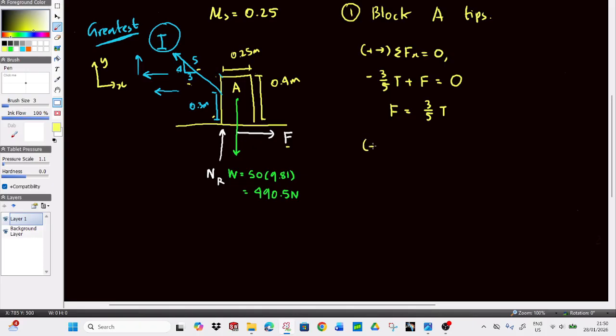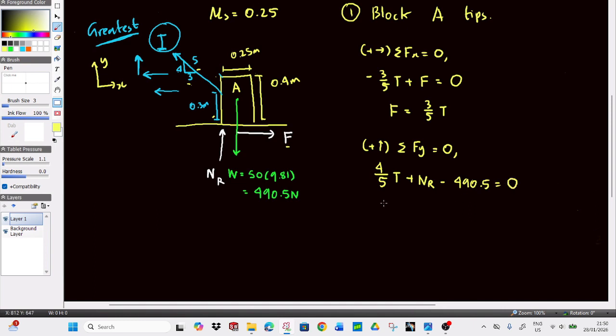Now for the summation of Fy, we have a bit of an interesting tale here. Because our tension T has a vertical component, so we do have to consider that. So it would be 4 over 5 T, plus NR, and minus the weight, which is obviously 490.5, equals 0.